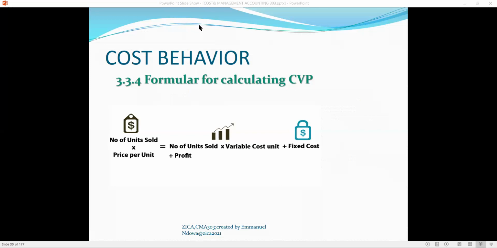The other aspect where you can lower the fixed costs, you can recommend to management that my supervisors are pushing some production unit. They are not well trained to have efficient production.